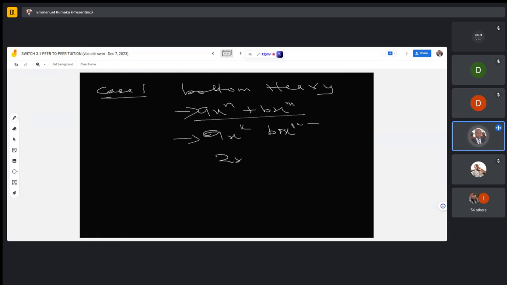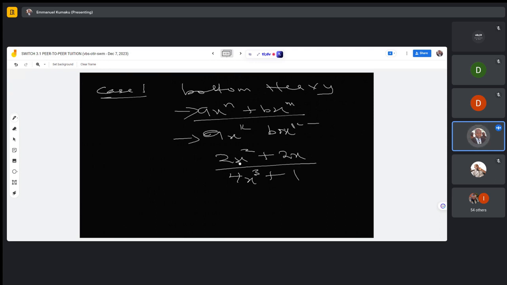Let me write an expression. This is bottom heavy because the degree at the top is 2 and the degree at the bottom is 3.